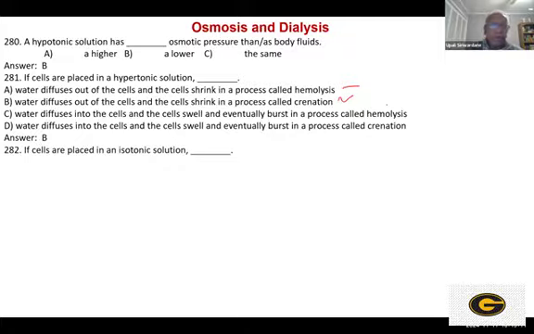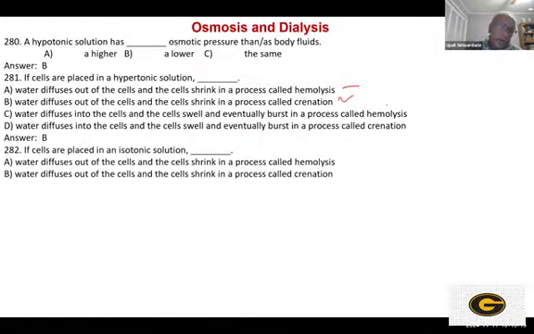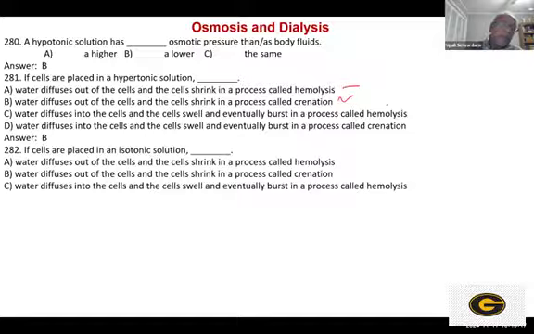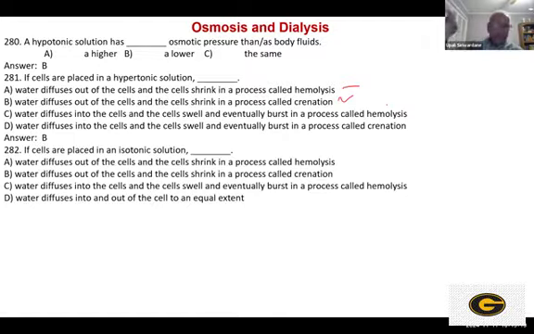If the cells are placed in an isotonic solution, there is equal flow from cells to solution. That's the correct answer.